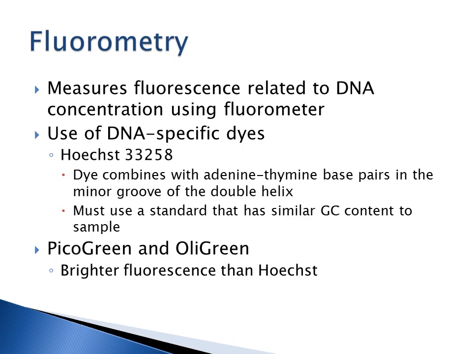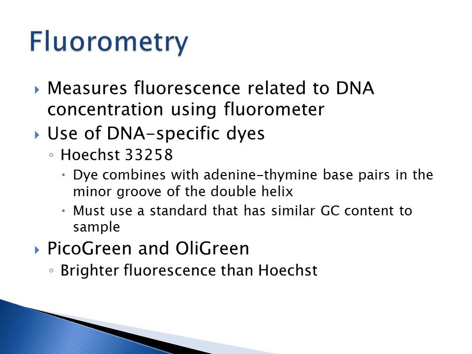Fluorometry can be used to measure your nucleic acid concentration because you're using DNA specific dyes. And there's various dyes that can be used. There's a dye called Hoechst stain, and this is a dye that combines with adenine thymine base pairs in the minor groove of the double helix.